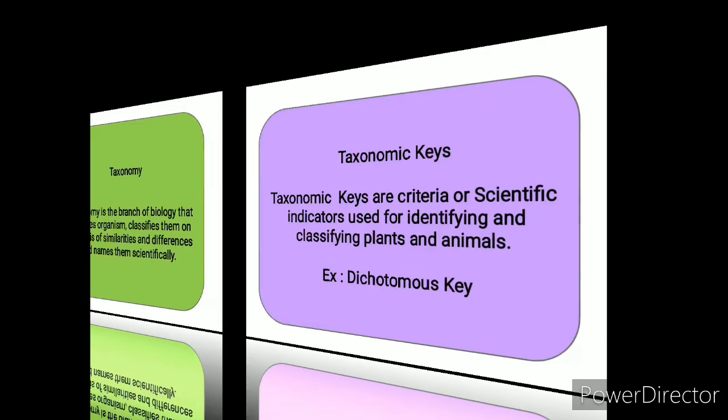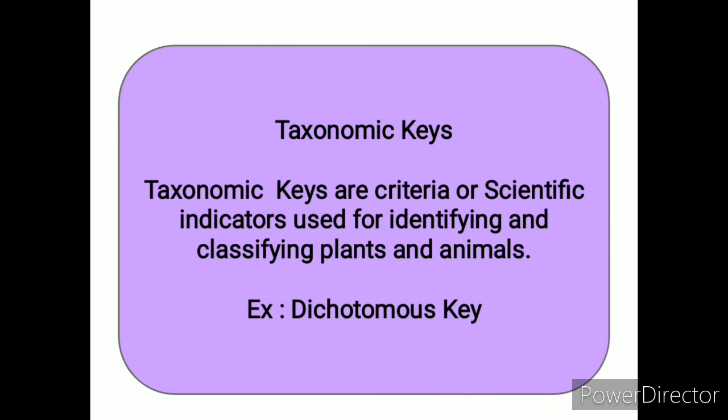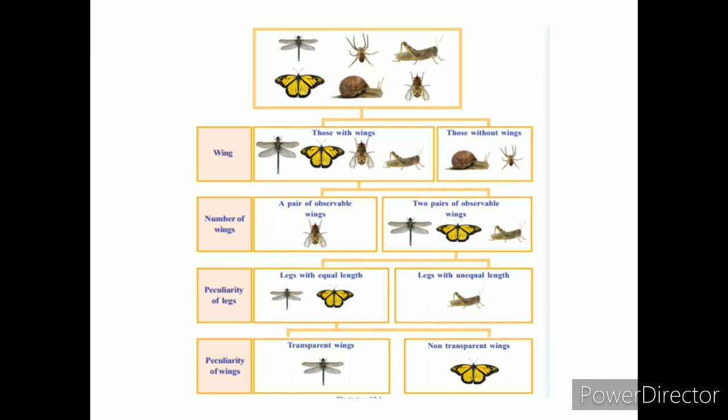The criteria or scientific indicators that we use for identifying and classifying plants and animals are known as taxonomic keys. In this illustration, the scientific indicators used for classification are the presence or absence of wings, the number of wings, the peculiarity of legs and the peculiarity of wings.